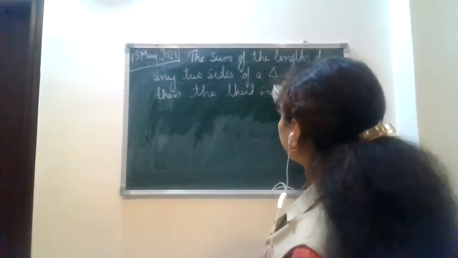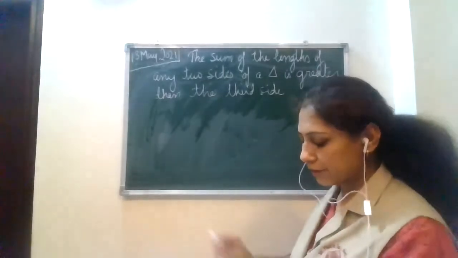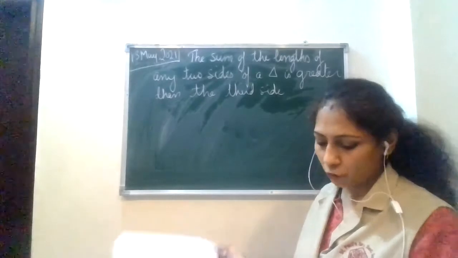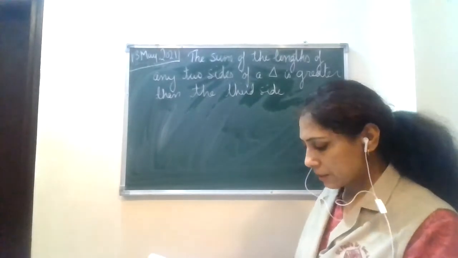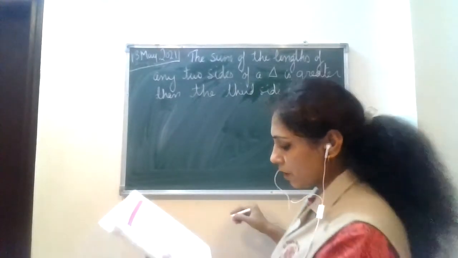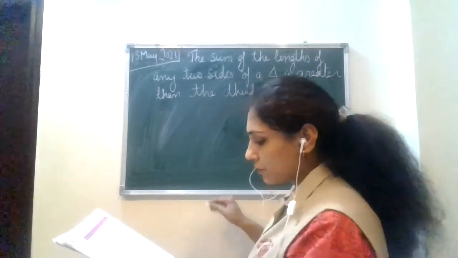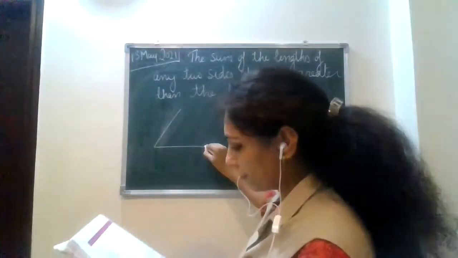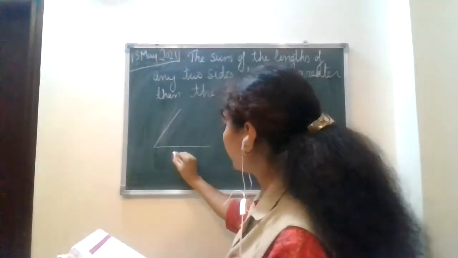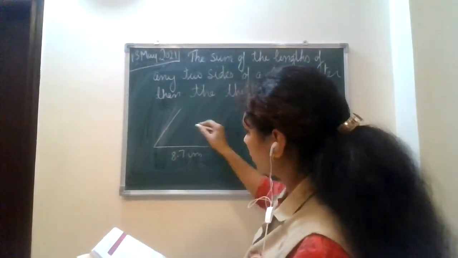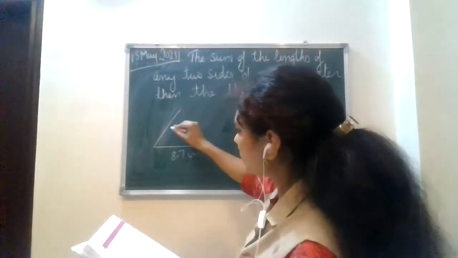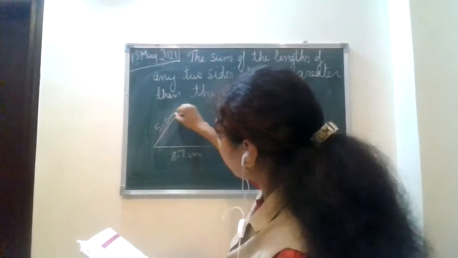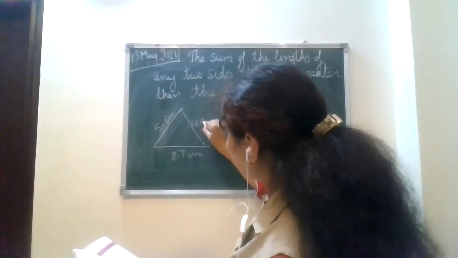Fine. For example, I'm going to draw a figure and display this property with the help of the figure only. Suppose there is a triangle with side lengths 8.7 centimeter, 5.6 centimeter and 4.9 centimeter.